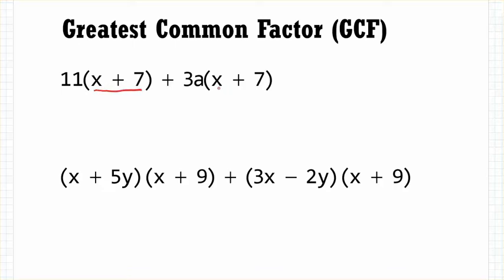There we go. So if you look here, we have an x plus 7 and an x plus 7. So what we can do is factor that out. So we'll factor out an x plus 7, and then we'll leave the 11 plus 3a behind, and this would be factored.